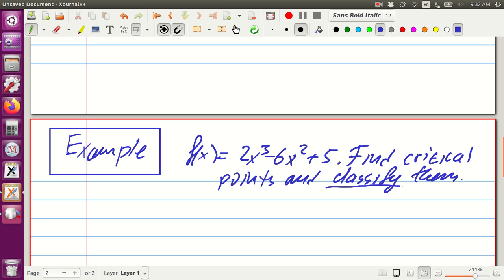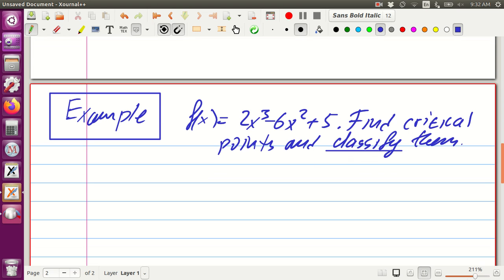All right, when it says classify them, tell whether it's local max, local min, or neither of those. Sometimes people just say classify. So we're going to use the second derivative test. Now you have a choice. When the assignment doesn't specify how to deal with it, you can choose. But since we're practicing with the second derivative test, that's what we're going to do.